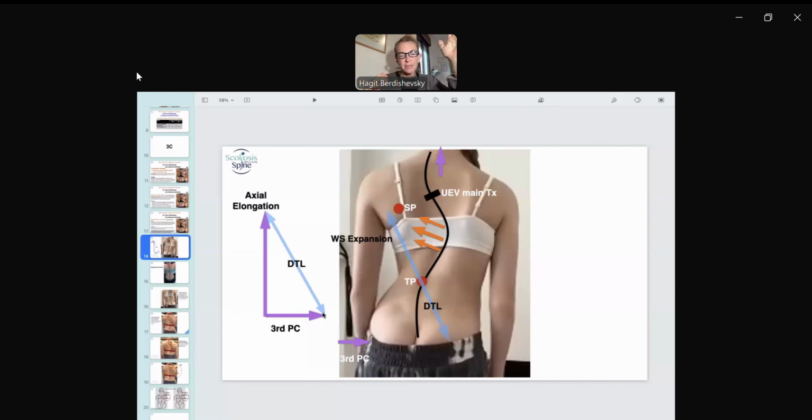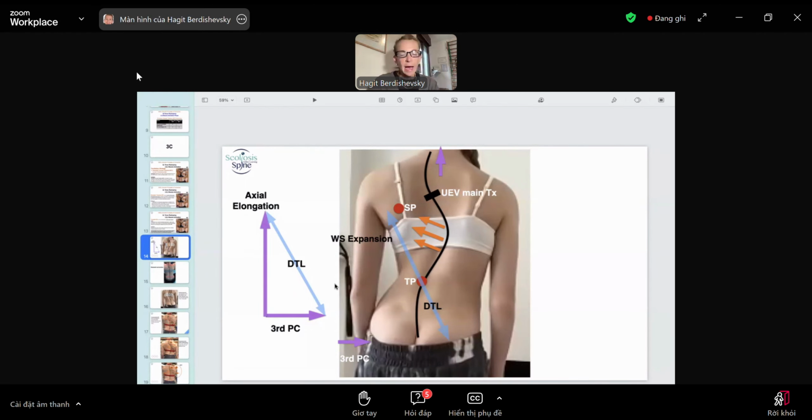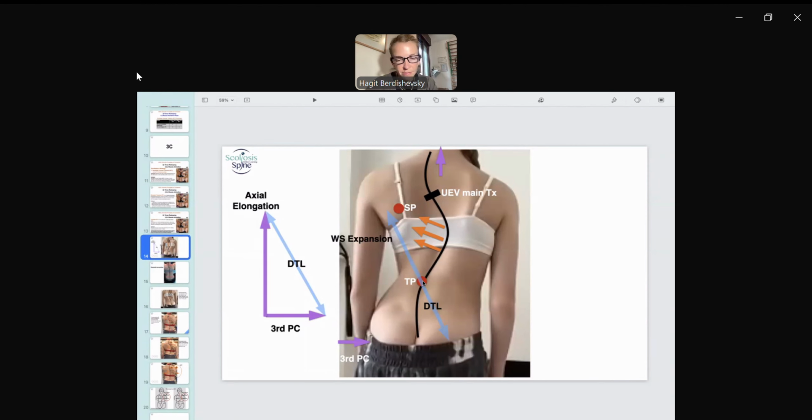particularly if the pelvis moves from the center more to the right and the trunk from the center more to the left. Then we have two arrows that, if you connect between them, form the diagonal traction line. And typically it should cross at the transitional point between the thoracic region and the lumbar region.